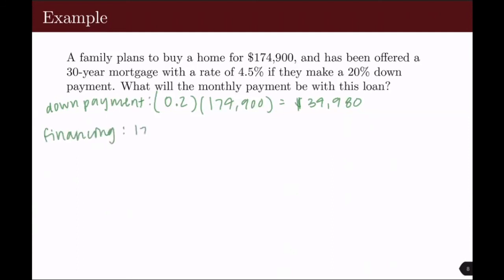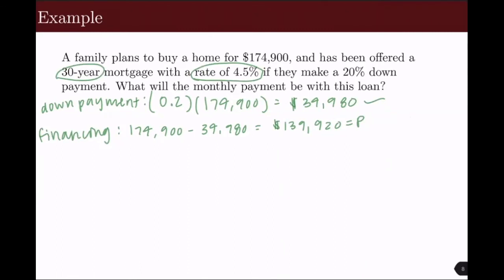So that's $174,900 minus $34,980, which equals $139,920. So this is going to be our principal, or our loan amount that we need to finance, since we've already paid this amount in our down payment. And then our rate is that 4.5%. We have 30 years to pay it off. And since we're going to make monthly payments, that means N is equal to 12.